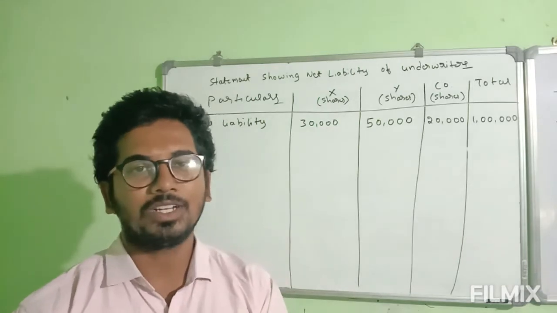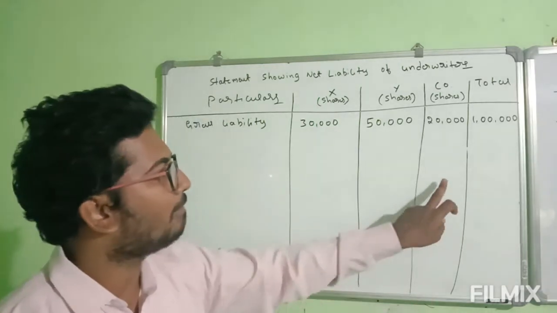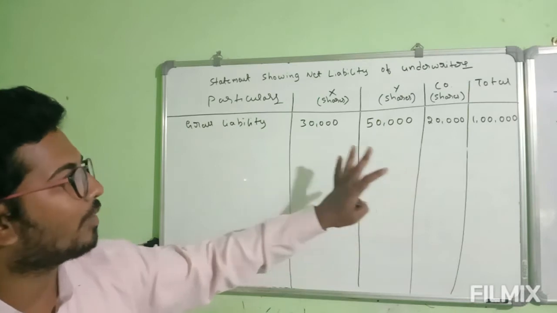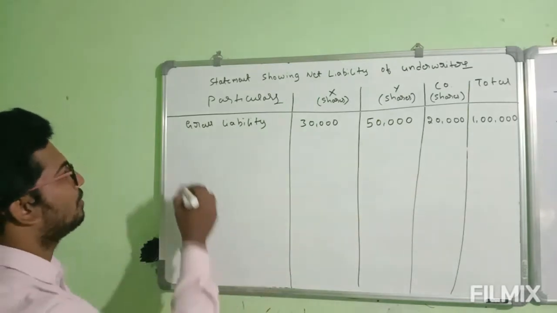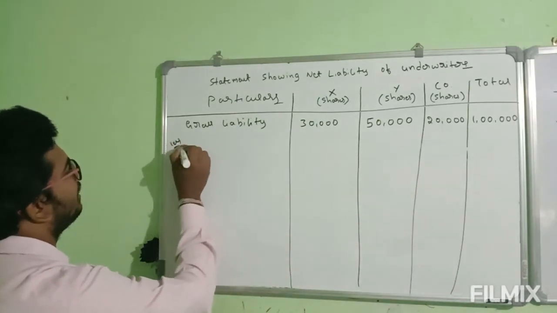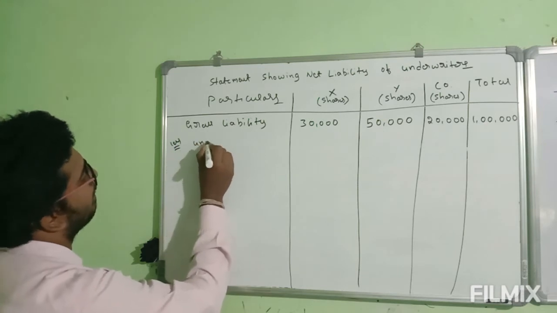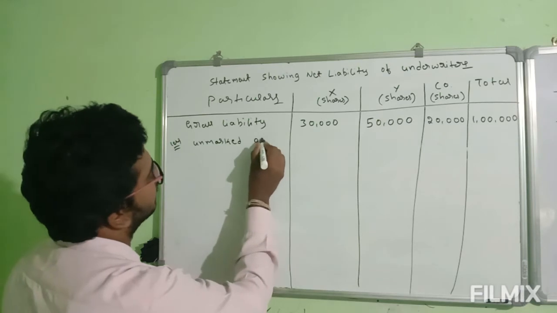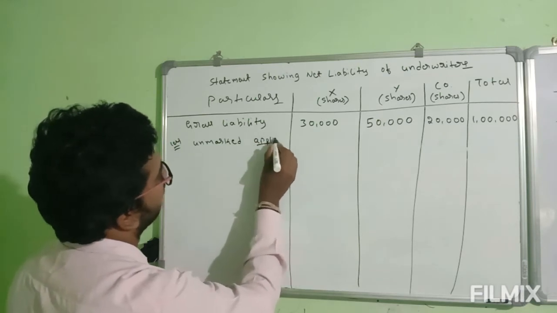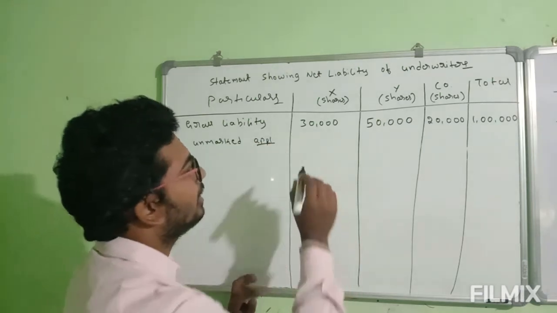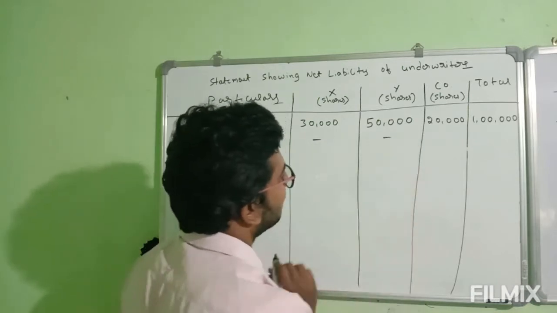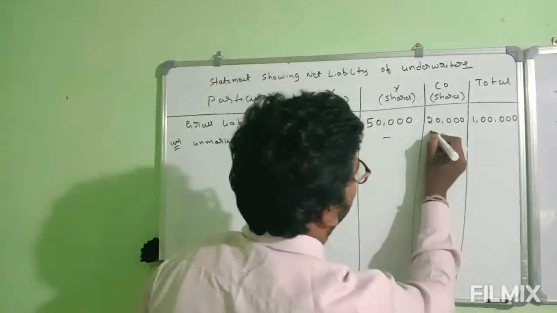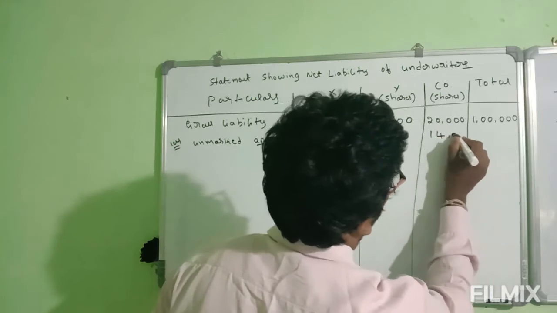So the entire 14,000 unmarked shares belong to the company only. We need not enter them in the X and Y columns. Same format, less unmarked applications. There are no unmarked applications for X and Y; it is only 14,000 related to the company.